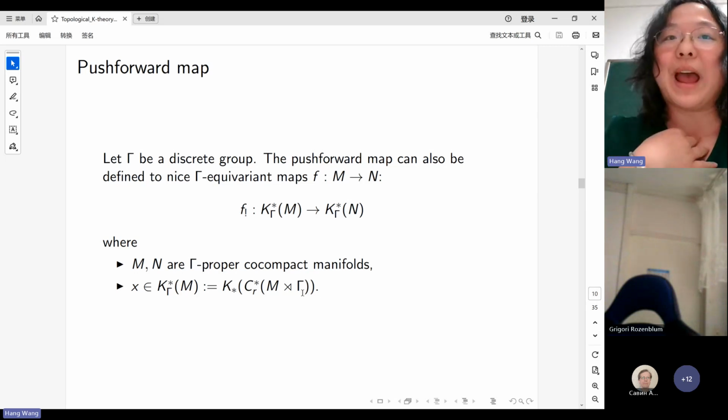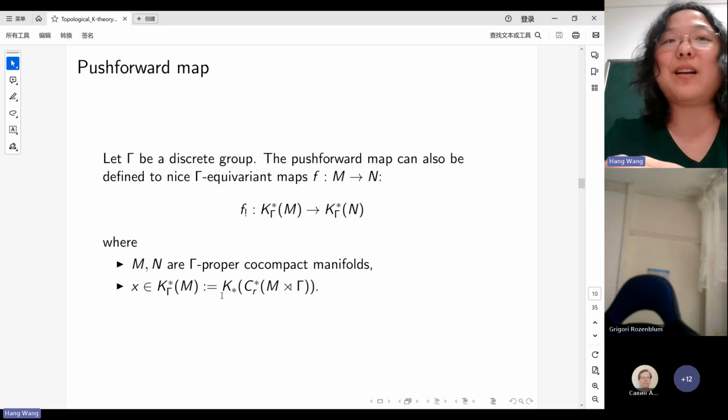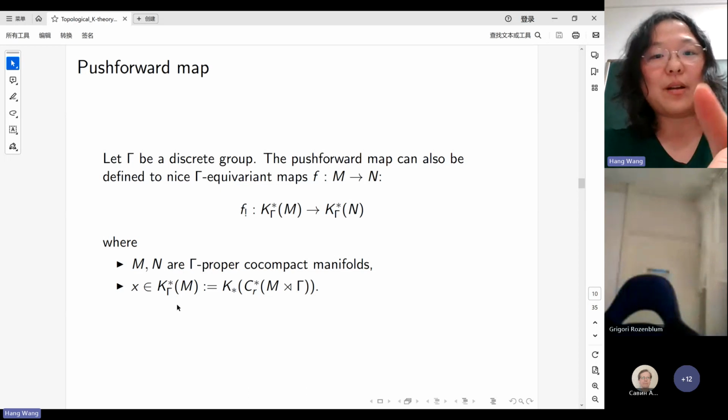But in case of M and gamma being compact, this is actually the equivariant K-theory. So we denote it like that.